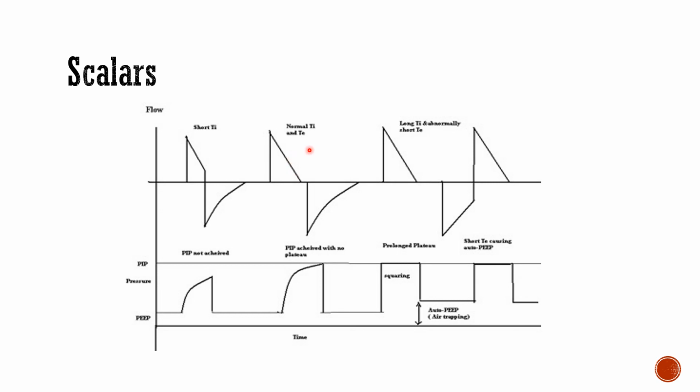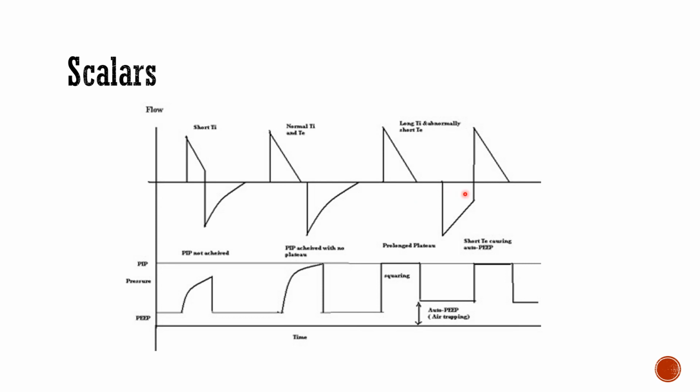Now in a normal inspiratory as well as expiratory time, we see that the flow is allowed to drop to zero before we cycle over to expiration, and the PIP is achieved with no plateau. However, when we increase our inspiratory time further, with a long Ti, there is a prolonged plateau leading to potential lung overdistension, which is translated on the flow time scalar as an inspiratory hold.